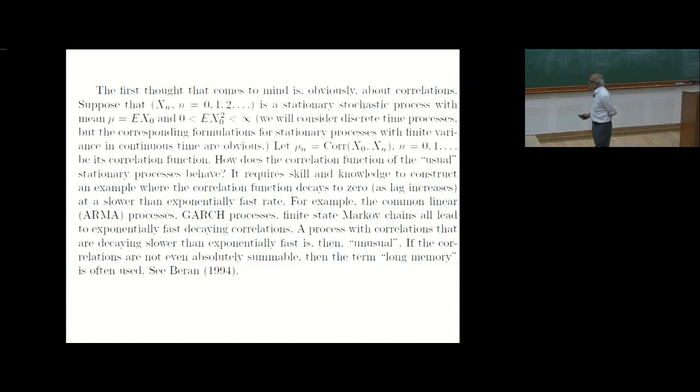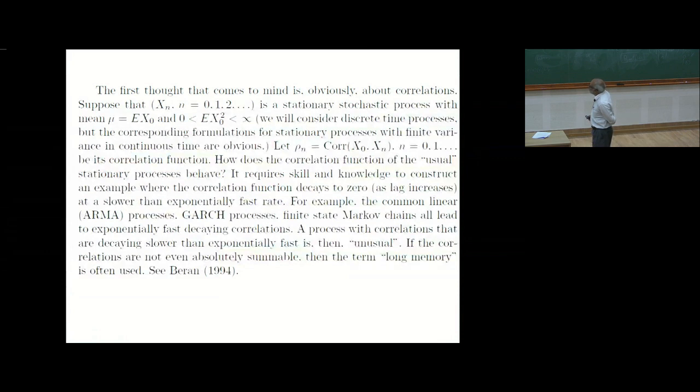The first thought that comes to mind is obviously about correlations. Suppose that X_n is a stationary stochastic process with finite mean and variance, and let rho_n be the correlation between X_0 and X_n. How does the correlation function of the usual stationary process behave?